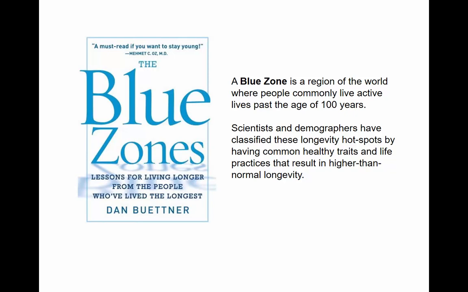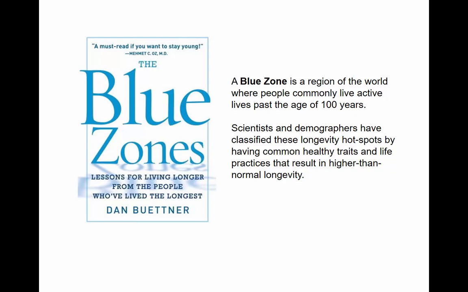So it's very common that people in these three areas of the world live longer than 100 years, right? They have lots of healthy elderly people in these three regions.